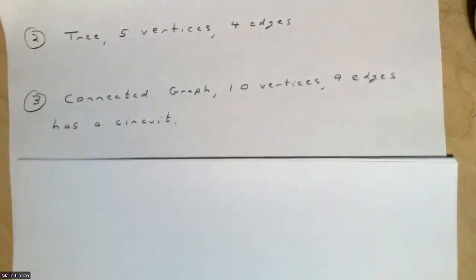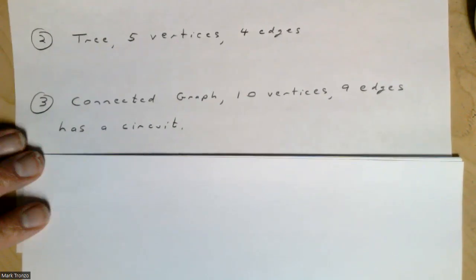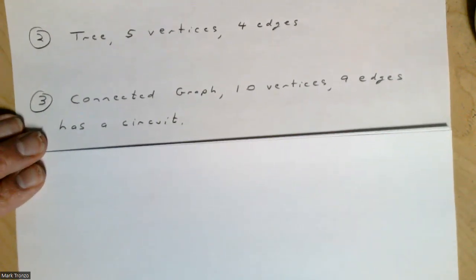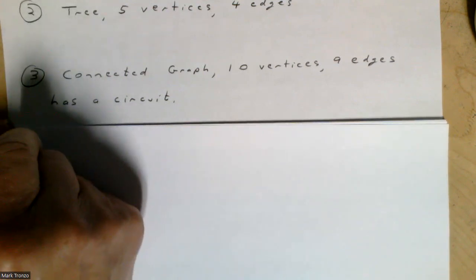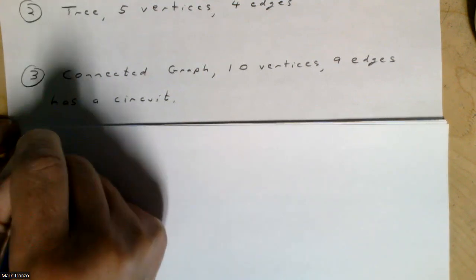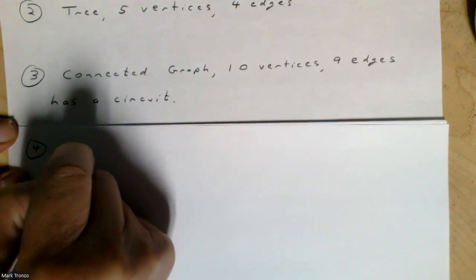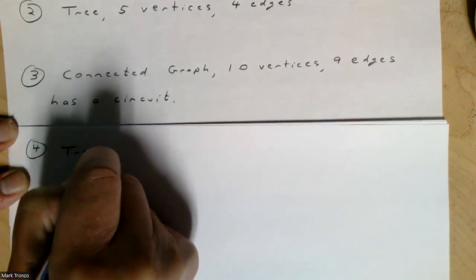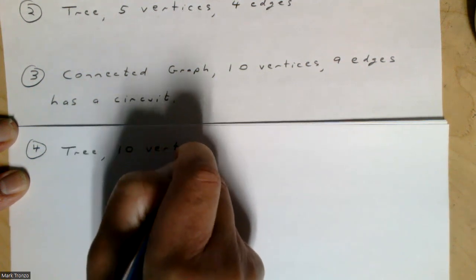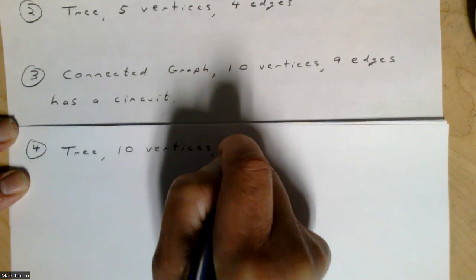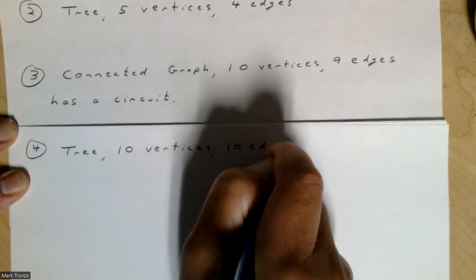Now let's look at number 4. The tree has 10 vertices, 10 edges.